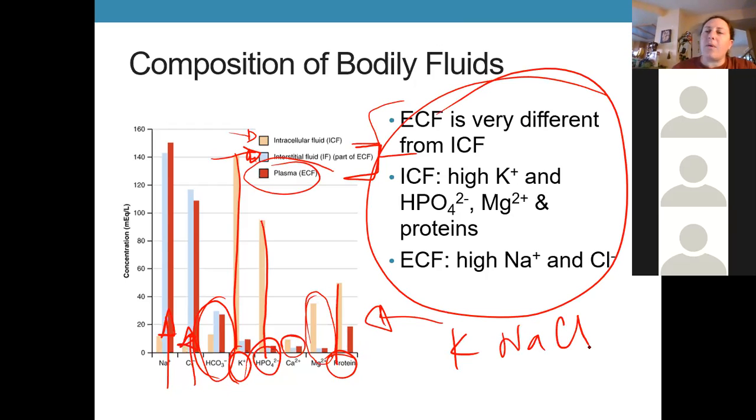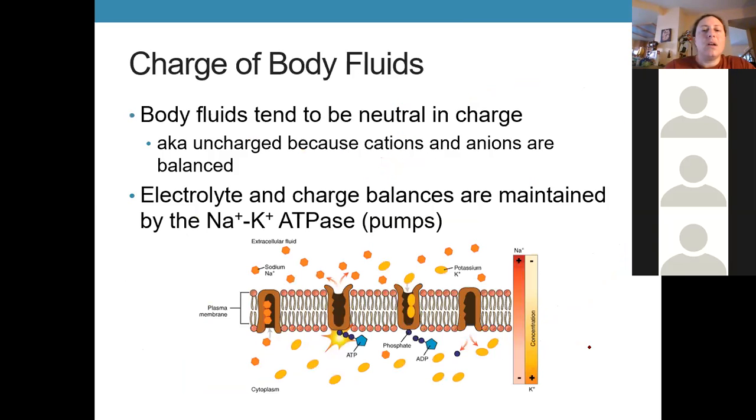And we've talked about why that is, right? We have talked about our sodium potassium pumps, our sodium potassium gradients, and how we use that to make electrical things happen. So in spite of those gradients, we know that the fluids in general tend to be neutral.